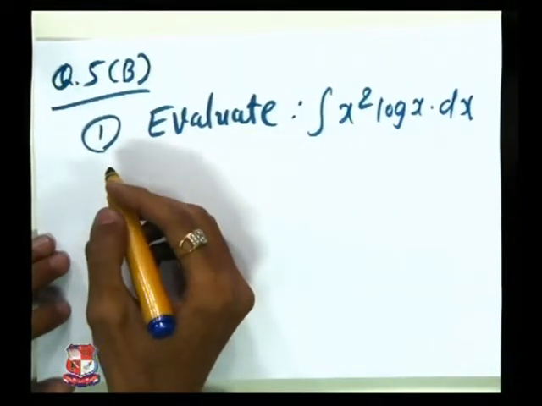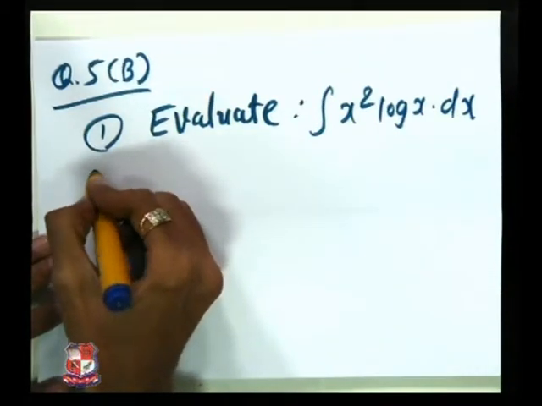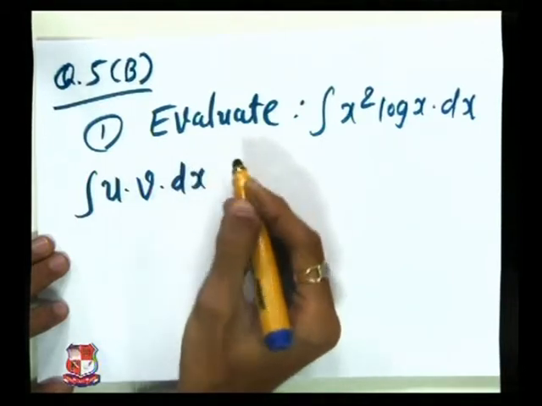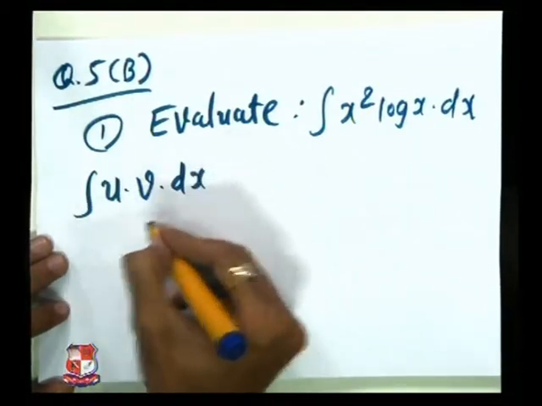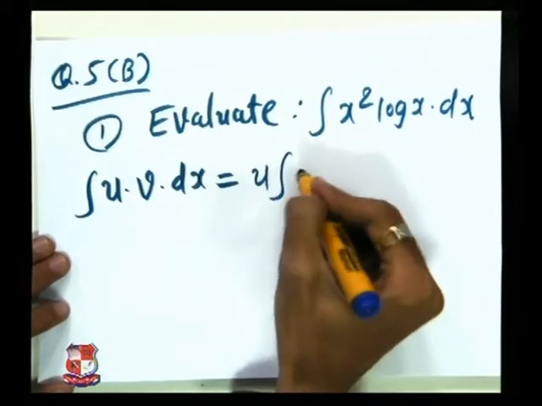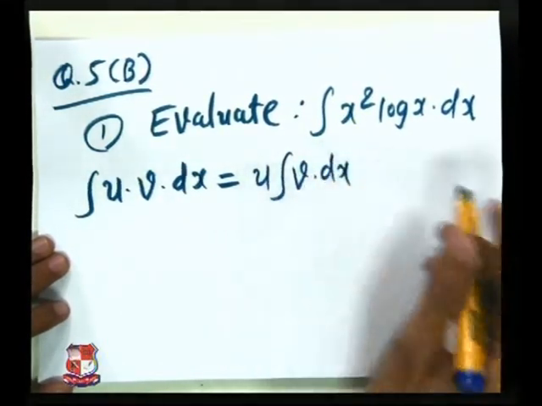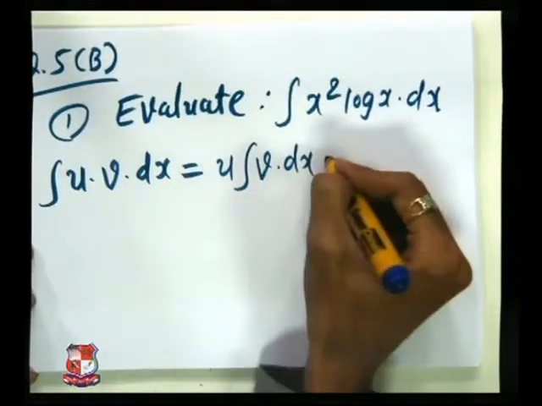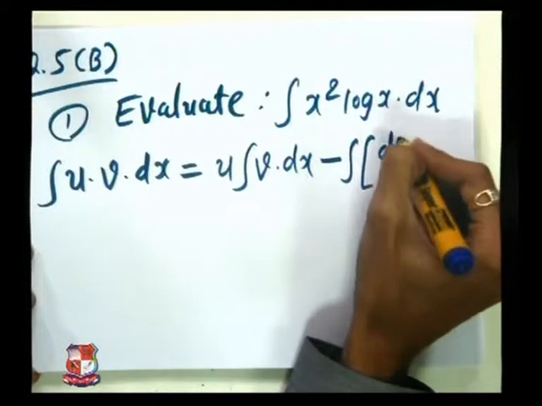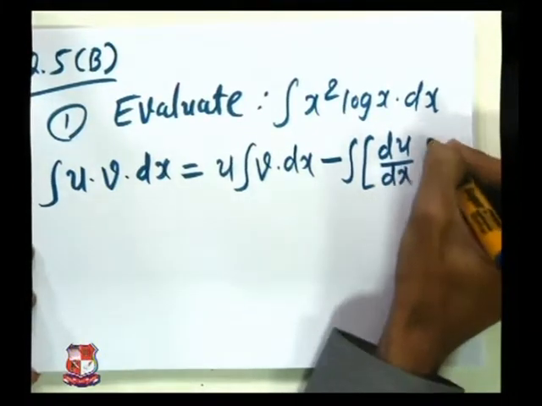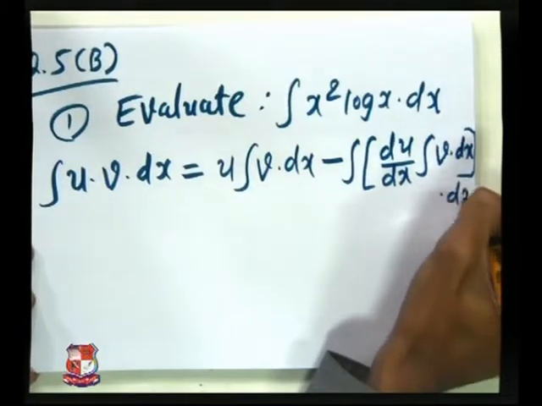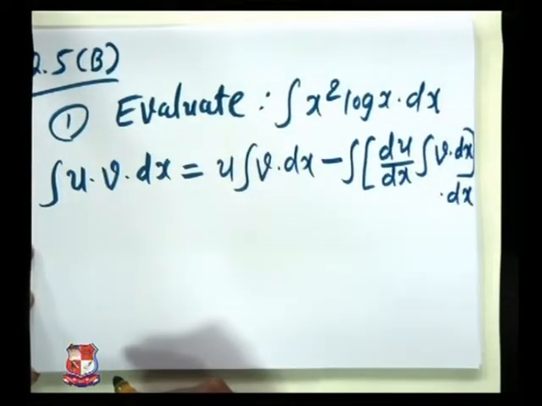By the method of integration by parts, integration u into v into dx is equal to u integration v dx minus integration into bracket du by dx integration v dx, the bracket over, into dx, right?